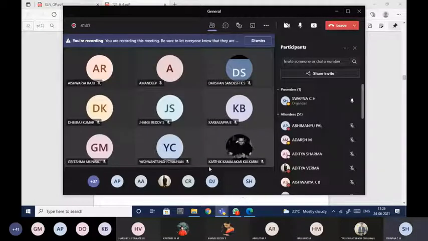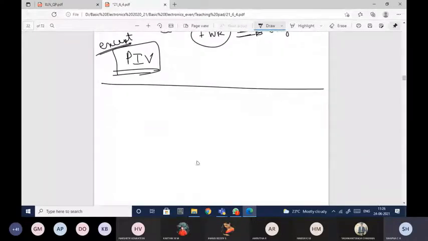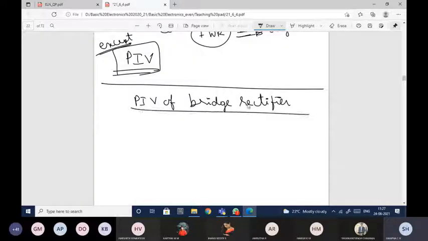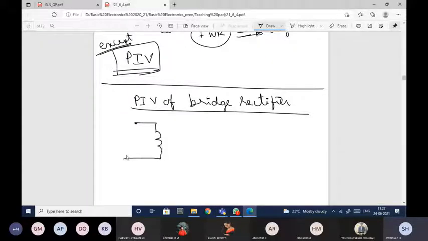Okay, so I'll go ahead with the PIV derivation. PIV of the bridge rectifier. When will I calculate PIV? I will be calculating the PIV when the diode is reverse biased.